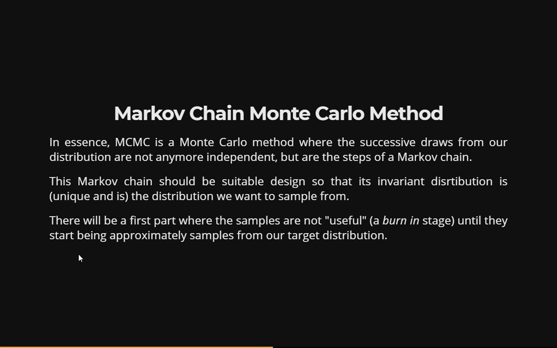Obviously, the Markov chain has to start somewhere, and depending on where you start, you will get a first part of this chain of samples which are useless. They don't really have anything to do with your distribution. This is sometimes called the burn-in stage or phase. Then at some point it starts working. You can estimate the point, obviously.